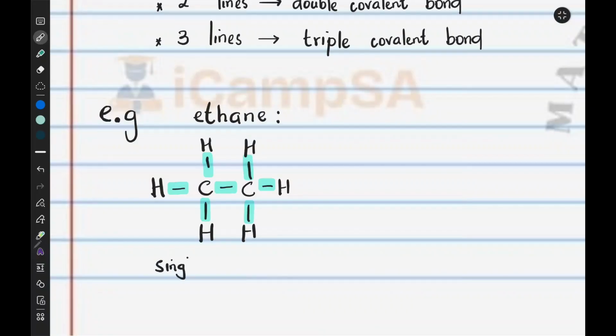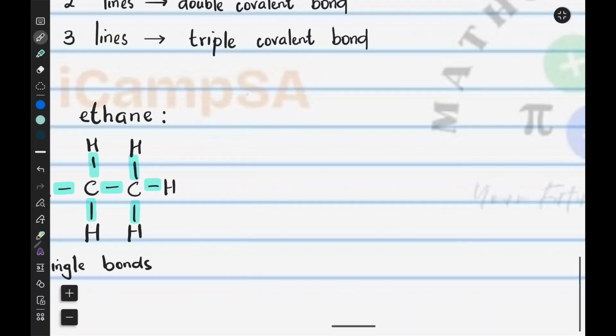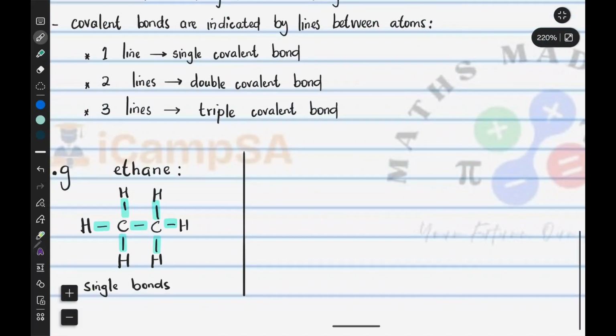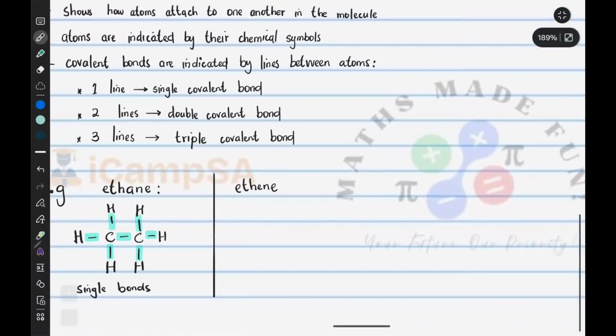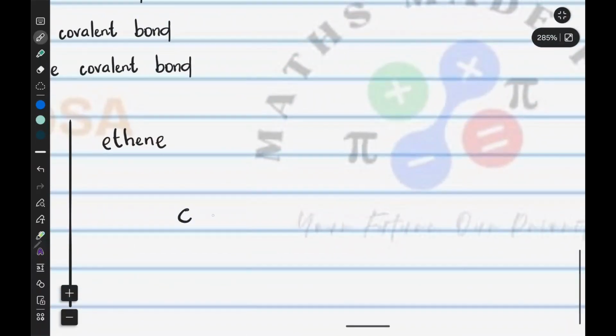Right, and now let's say we have ethene. Ethene has a double bond, but let me show you how it looks. There's a double bond between the carbon atoms.